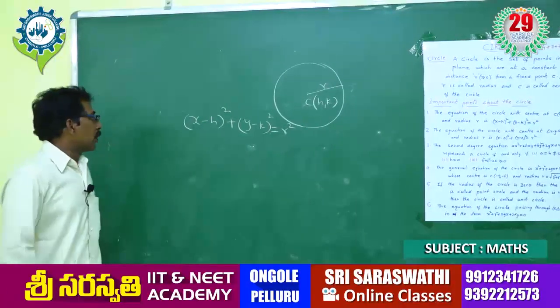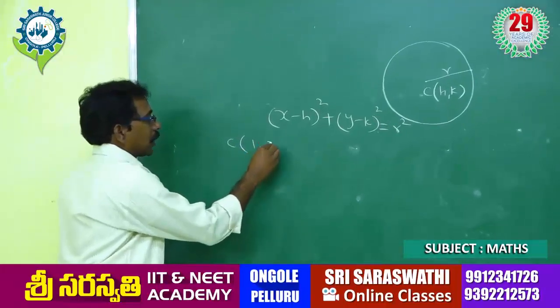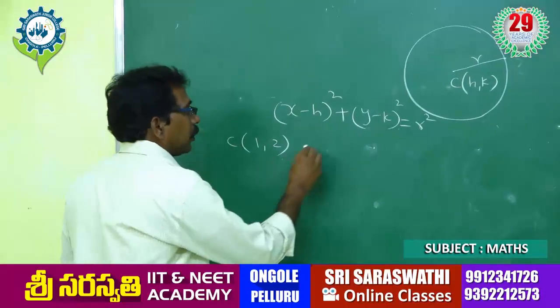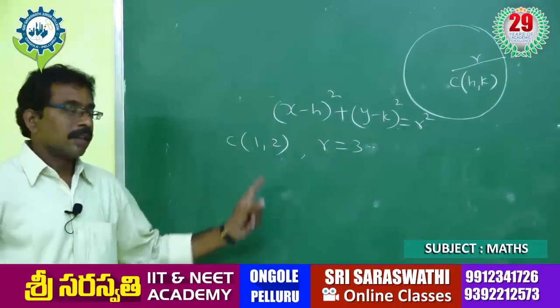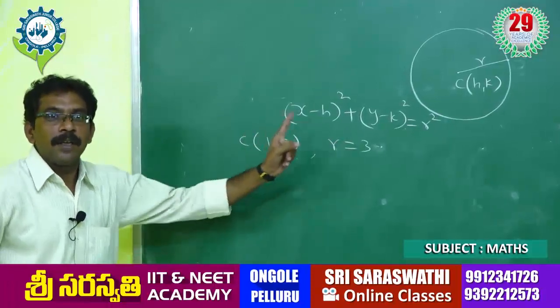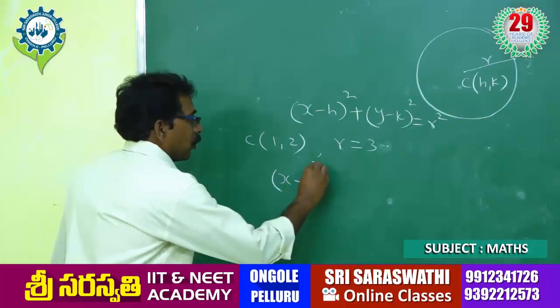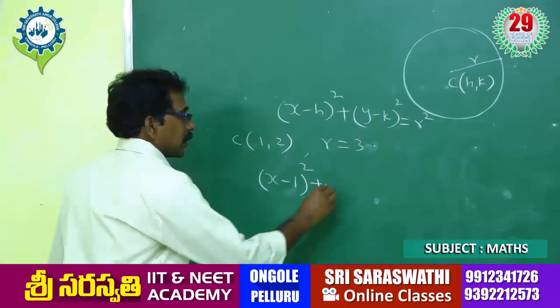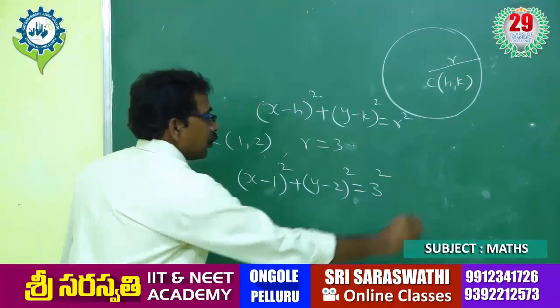For example, if the center is (1, 2) and radius is 3, then the equation can be written as (x minus 1) whole square plus (y minus 2) whole square is equal to 3 square.